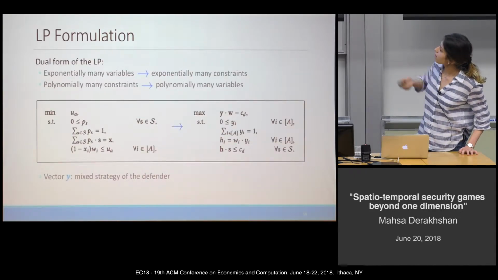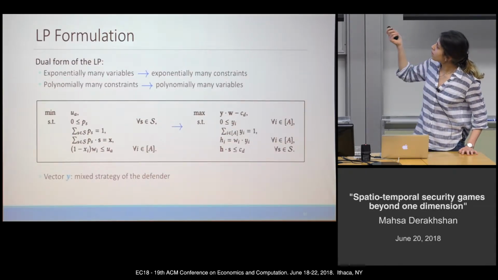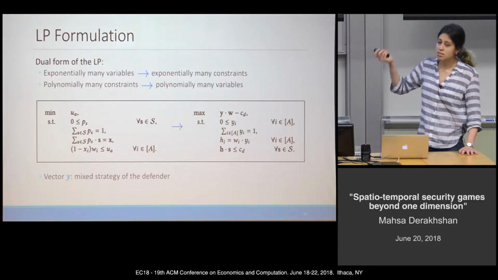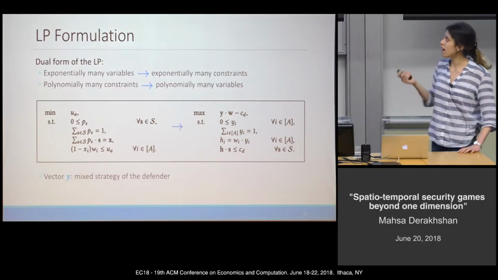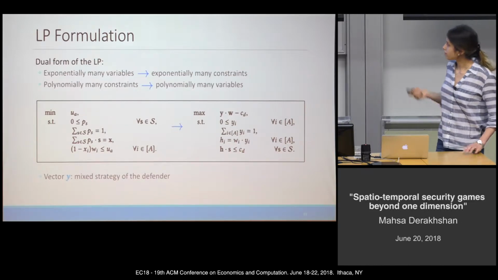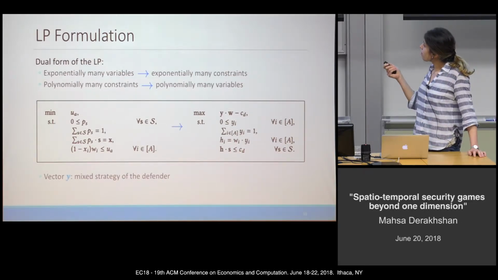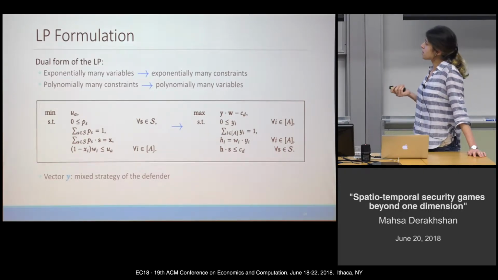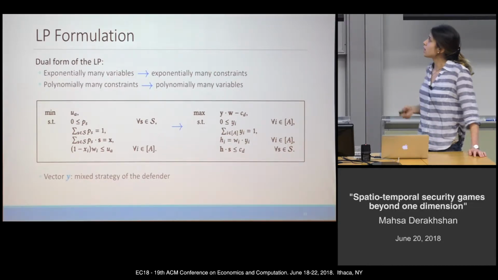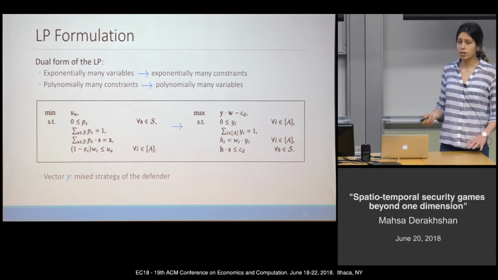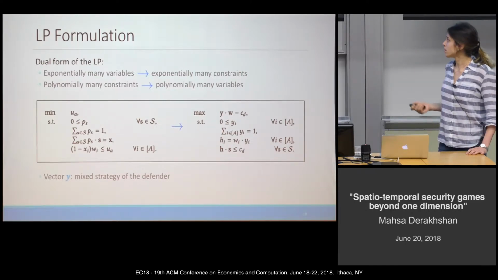Because of that, we write the dual form, in which the number of constraints is exponential, but the number of variables is polynomial. In the dual form, the vector y denotes the mixed strategy of the defender, which means y of i represents the protection of target i in this mixed strategy.